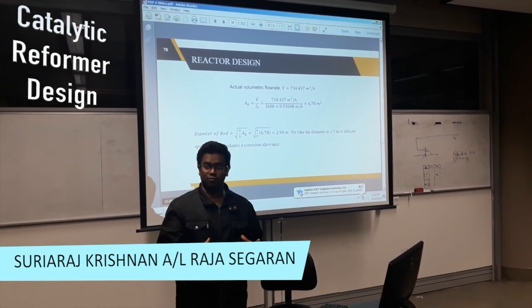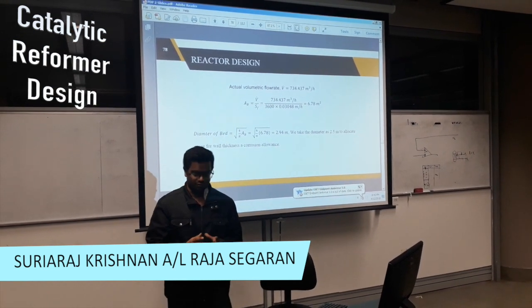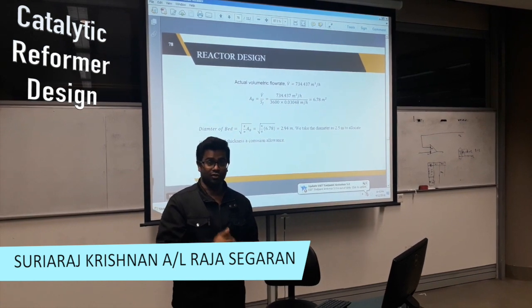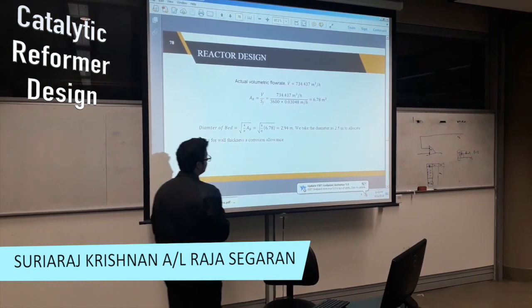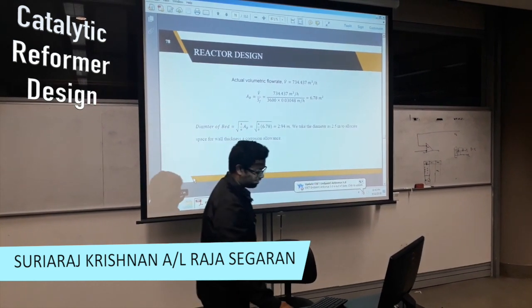Now we have to downsize it to allow some amount for the thickness of the vessel and also some corrosion allowance. So we have reduced the diameter to 2.5 to allocate some space for thickness and corrosion allowance.